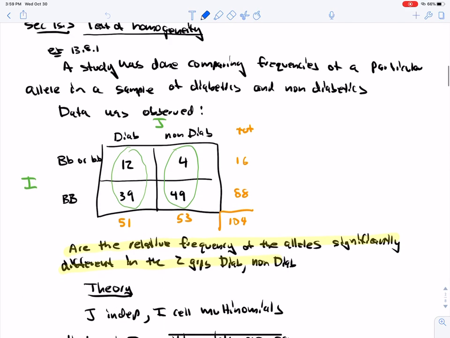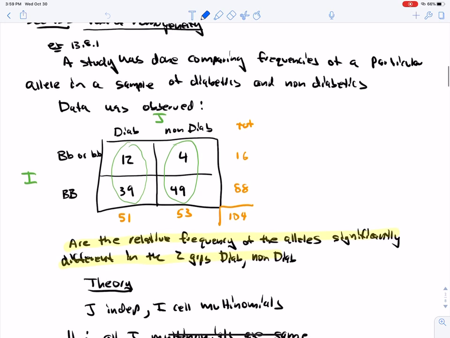So test of homogeneity, just to start with an example, a study was done comparing frequencies of a particular allele in a sample of diabetics and non-diabetics. So we've divided our population into two groups, diabetics and non-diabetics, and for each group there are two categories. Let's just say type BB and type capital B, capital B. So we can look at the relative frequencies of each of those categories.